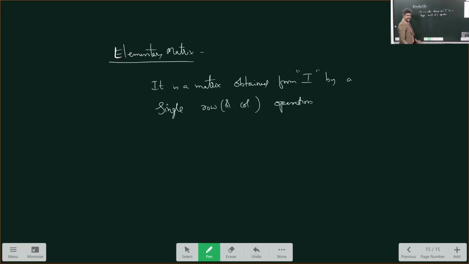So on the identity matrix, you apply only one operation. The resulting one is called the elementary matrix.